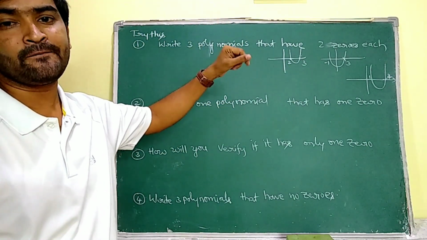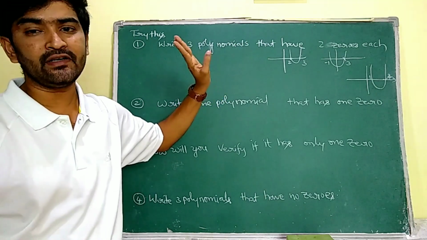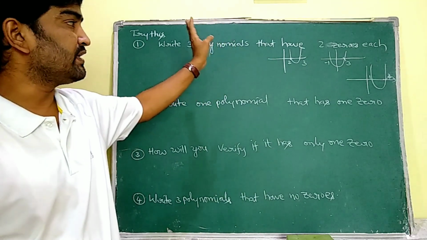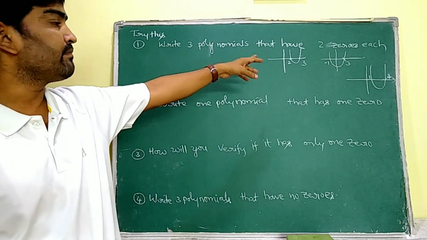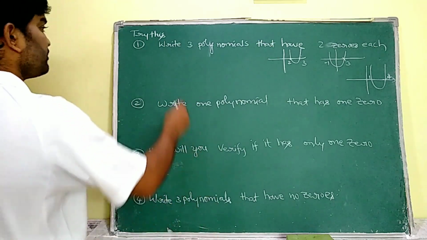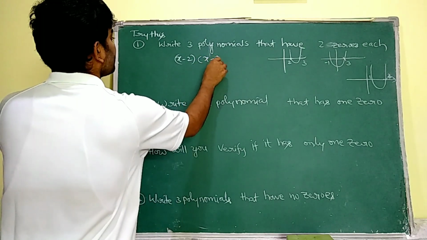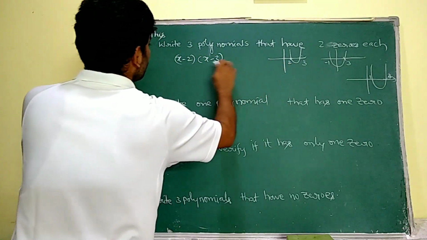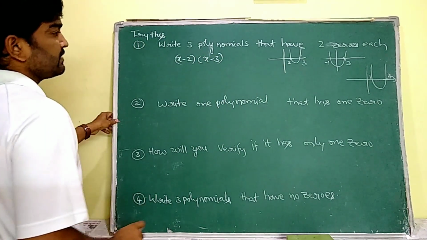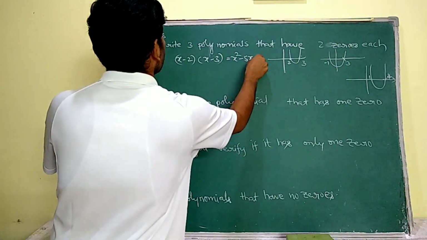Now, as we know, if the graph touches the x-axis at two distinct points, it has two zeros. So as it is a quadratic equation, it touches the x-axis here at 2 points. Then those polynomials are expressed as x minus 2 into x minus 3, that is x minus one zero into x minus another zero, equal to x square minus 5x plus 6.